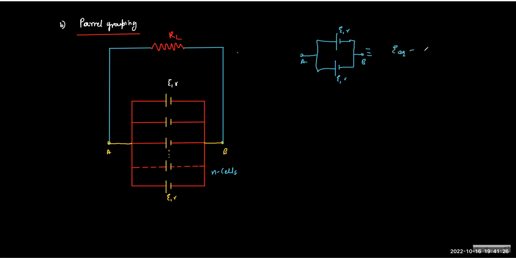E by 2? Okay, use the formula. Use Millman's formula. Tell me the answer. What is the formula of E equivalent for a parallel circuit? Anyone getting the answer? Please tell me. Come on, guys.